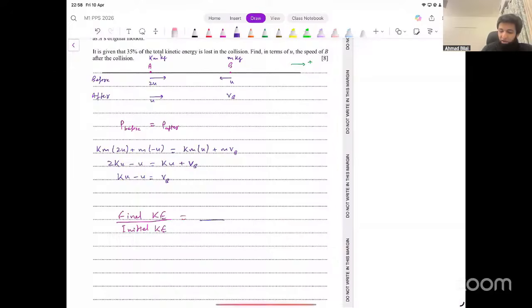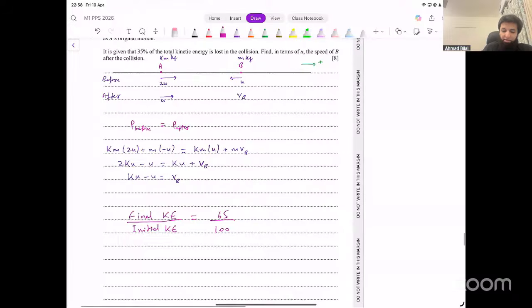If initial was 100, and 35% was lost, how much are we left with? 65. We'll have this ratio of the final kinetic energy of the whole system to the initial kinetic energy of the whole system. This will give us another equation.